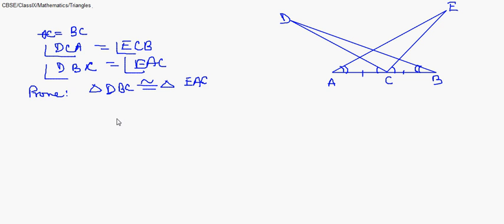Now it is given in these two triangles AC equals BC, that is one side equality. We also have been given angle DBC is equal to angle EAC, but we need one more angle to be proved equal.